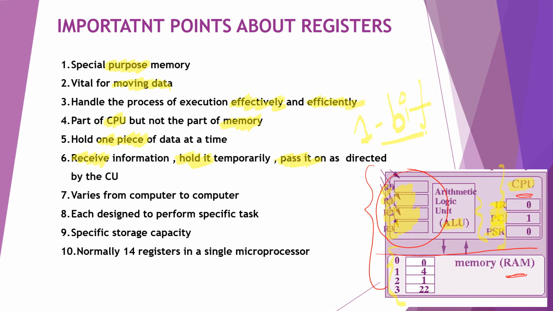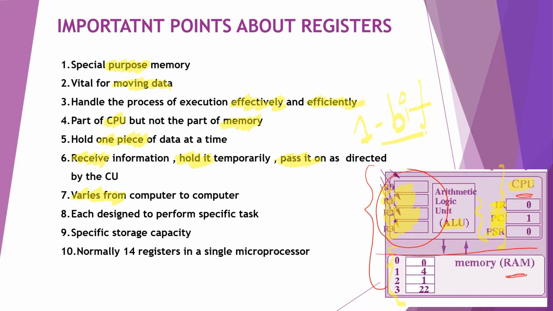The next point says varies from computer to computer. Of course, because configurations always vary from system to system, the organization of registers, even the types of registers, may vary from computer to computer. Remember the scalar and vector processors; it is based on that. Then the next point says each designed to perform specific tasks.